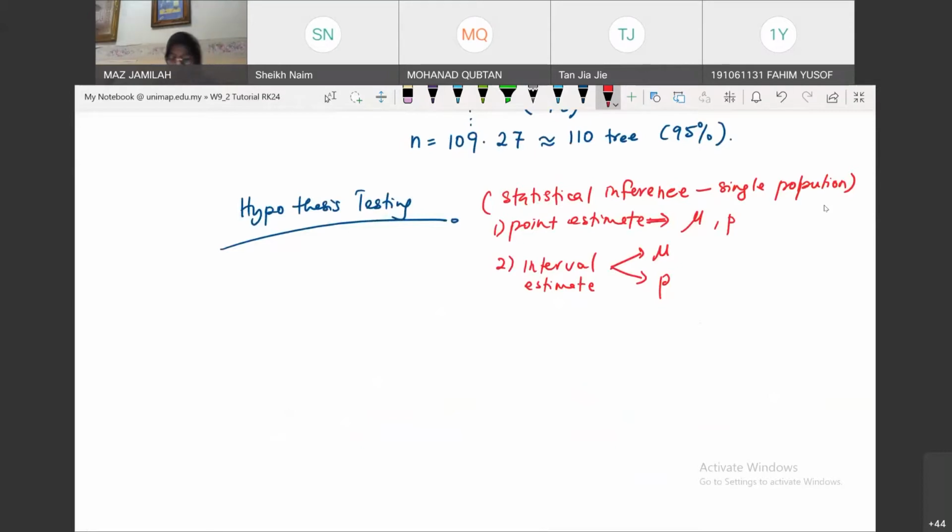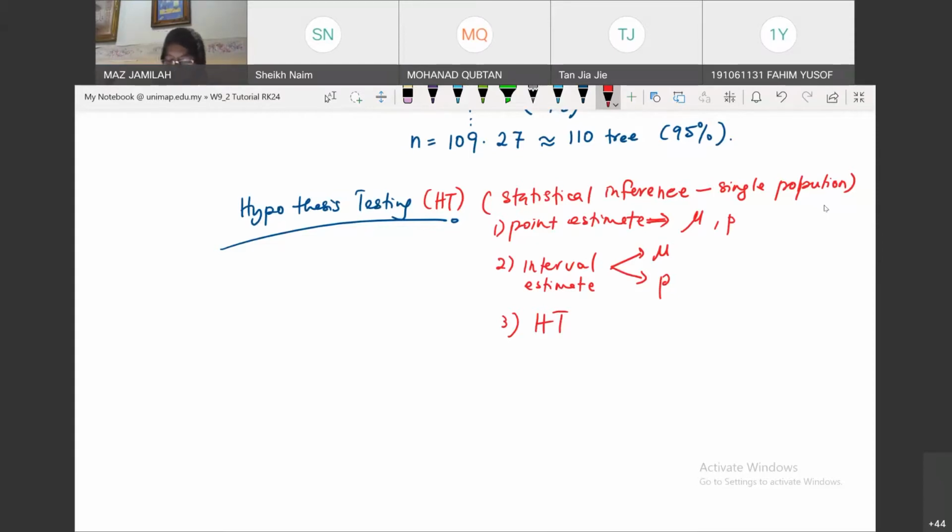Now, the third one is what we call hypothesis testing. I put it as HT. The third one is hypothesis testing. How does hypothesis testing differ from interval estimate?